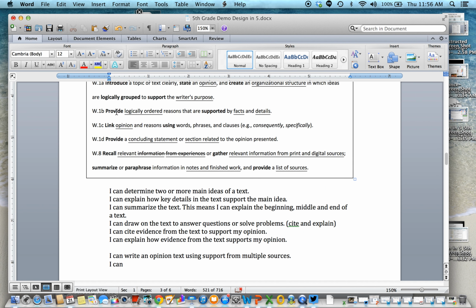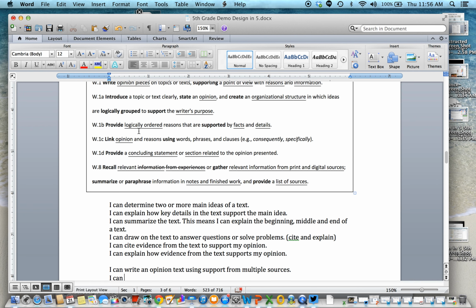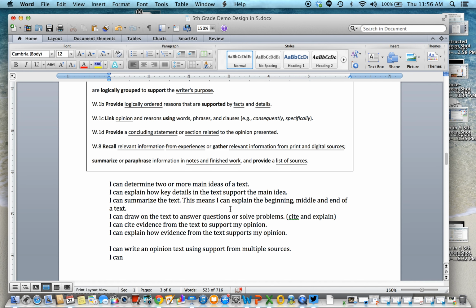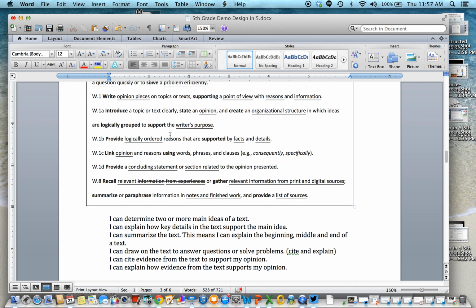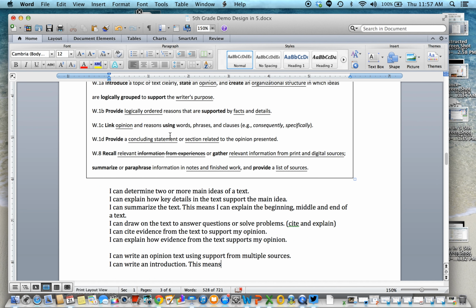this is a really interesting piece about this. So these are going to be able to be kind of ordered in a cognitive manner. These are going to provide us criteria for the writing piece, because look at this. I can introduce a topic or a text clearly. So I can introduce, or maybe I can write an introduction. And then this means I can state an opinion.